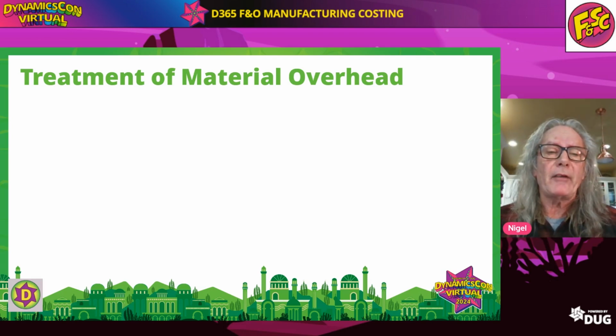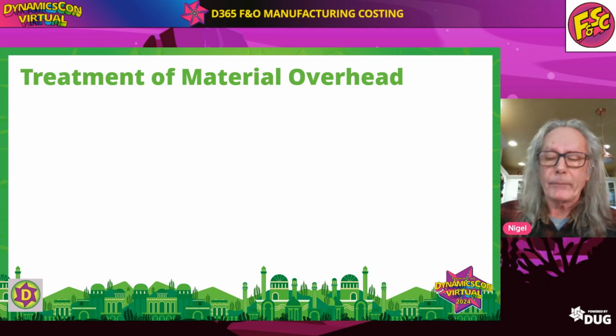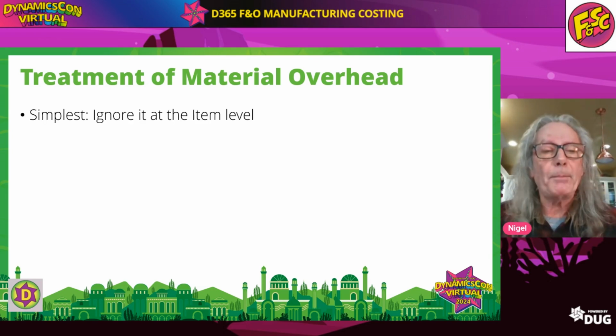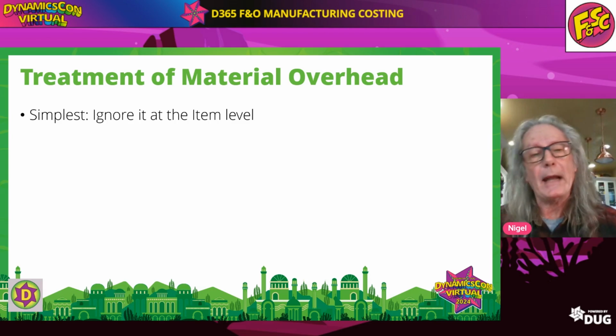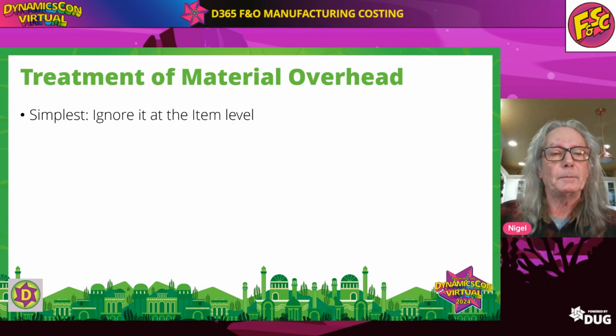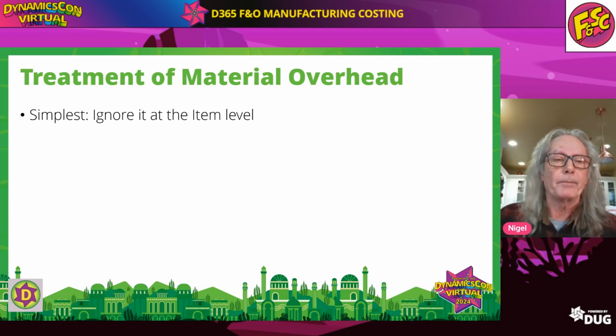If you pay for the transportation, you may want that to be a part of your inventory value for whatever you transported. You may have royalty charges, that kind of thing. So the simplest option is ignore it, right? I am going to treat all those things as part of my overhead. And I'm not going to put it into my inventory value.